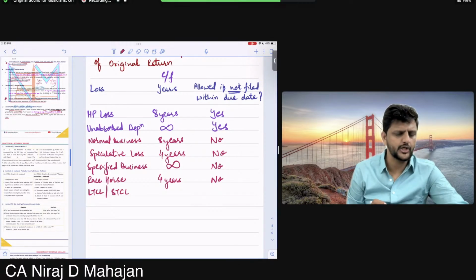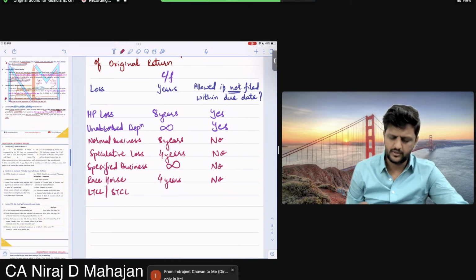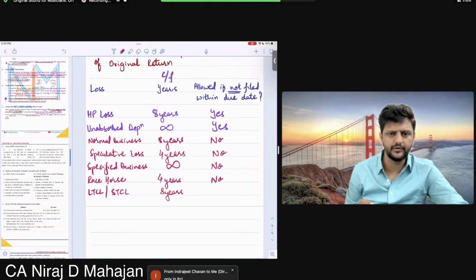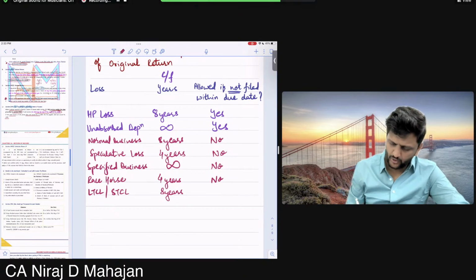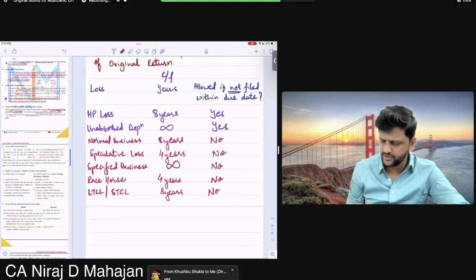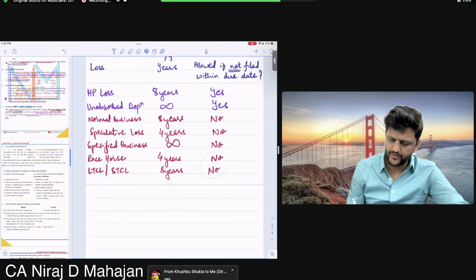It can be set off only within the head of income, but still you can carry it forward how many years? 8 years. Both can be carried forward. Even short-term capital loss can be carried forward, no? Okay? Again, not allowed बच्चों without filing the return within due date. Okay?